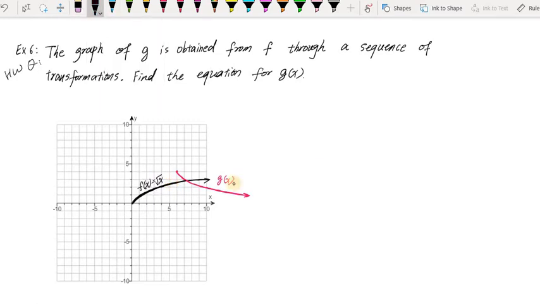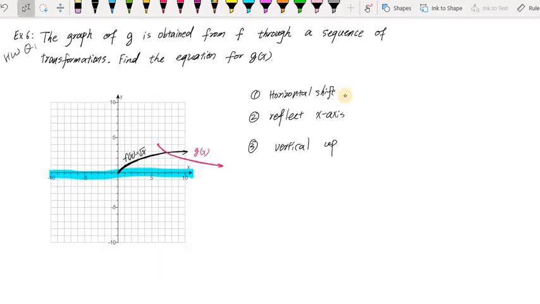If you look at this colored graph, g of x, at least you should realize we have some reflection. Also, we have some moving to the right side. So here we have to recall the order of combination of transformations. We have horizontal, and I skipped the stretching or shrinking because in this case, there's nothing involved.